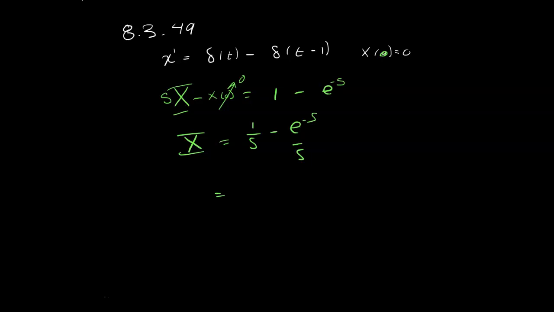So 1 divided by s, that's a pretty straightforward inverse Laplace transform. So this is the inverse Laplace of capital X. It would be 1, and then e to the negative s divided by s corresponds to a step function. So we're subtracting off a step function here, which is t minus 1.